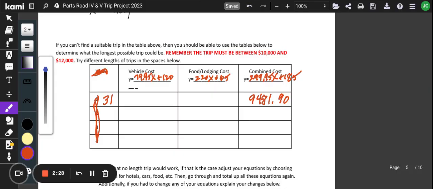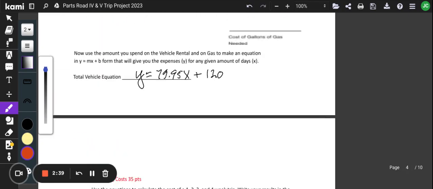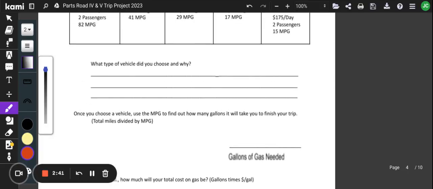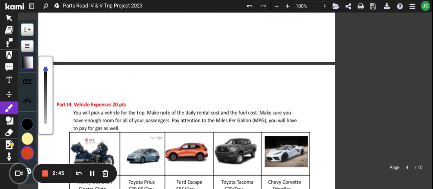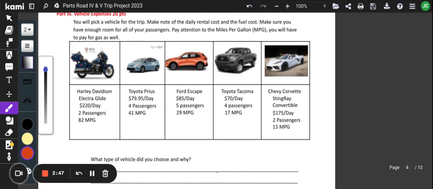So I'm glad that happened, because now you can see I need to make some adjustments somewhere to spend a little more money. And I can go back and evaluate where that's going to be. I'm inclined to say I'm going to change my car, right?